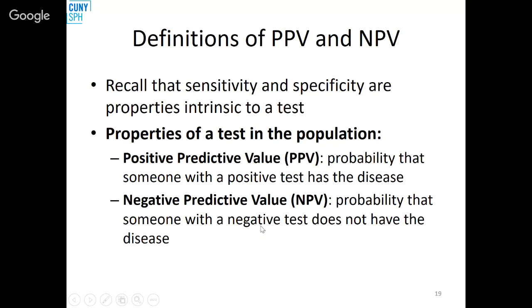So you see this is kind of in reverse of the sensitivity and specificity, where we knew in advance whether they have the disease or not. This is more relevant to the real world where you don't know in advance. You just get the test and it tells you the probabilities of each event conditional on the outcome of the test.